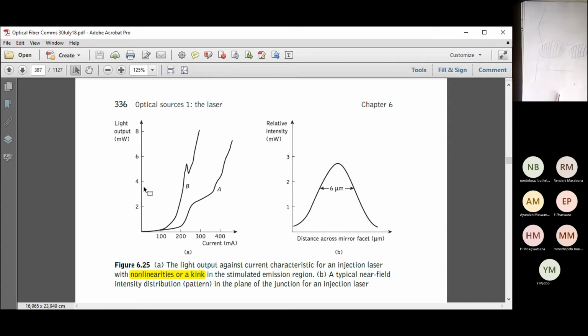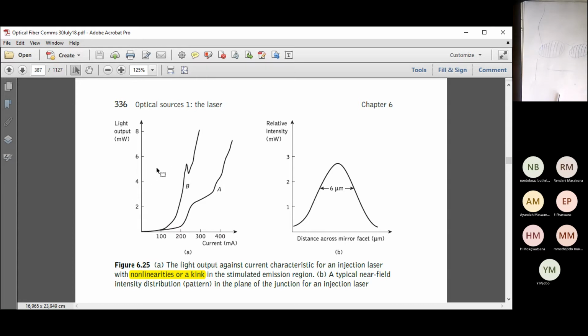However, there's a non-linearity in all lasers, and there's a kink. Don't let it catch you, because if you do work on lasers, you're going to experience this problem one day. When you increase the current here, it actually decreases in light at that region, and only afterwards will it increase again.